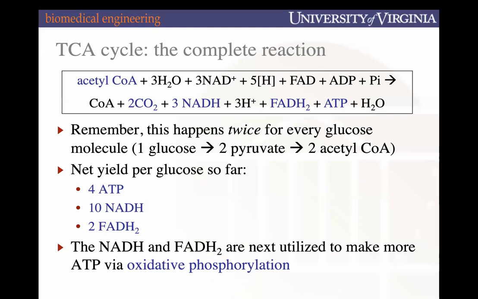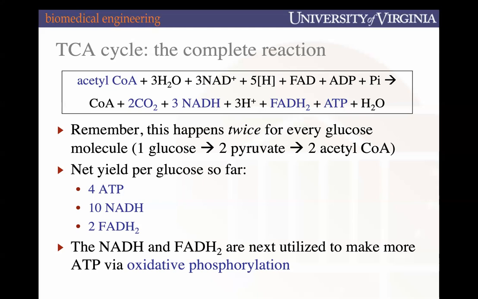We're going to get 10 NADHs because we already got 2 NADH, 2 reducing equivalents from glycolysis. There were going to be 2 during the entry portion into the TCA cycle, and we have 3 written here, so times 2 is going to be 6 during the actual TCA cycle itself. And we'll be getting 2 FADH2 reducing equivalents as well.